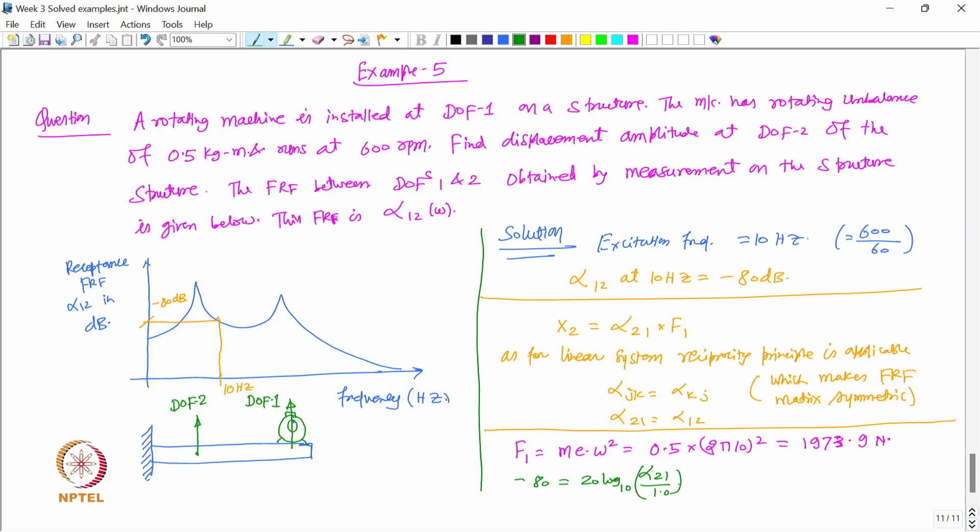By default, the reference value to find dB is 1. So now we can find alpha 21 from here. That alpha 21 linear value will be 0.0001 meter per Newton. That is what we get.